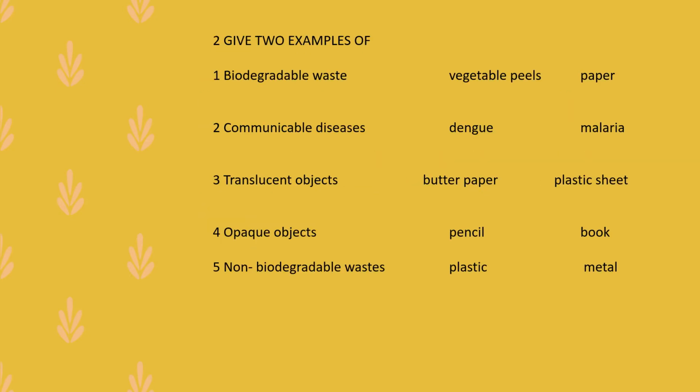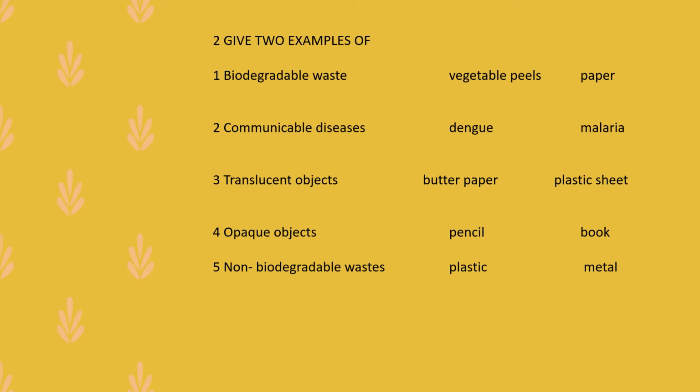Question 2. Give two examples of. Children, here a few terms are given and you need to give examples of these terms. The first term is biodegradable waste. First of all, what is biodegradable waste?